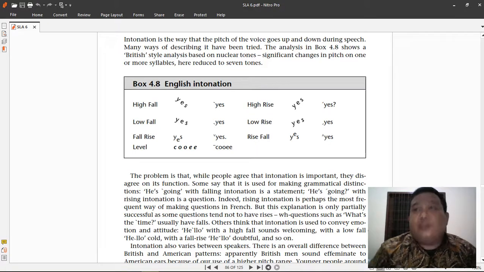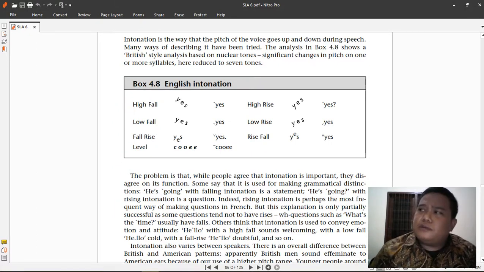Okay, not just ya. So there is a difference when you use intonation. Are you the student? Yes. It's like yes, why? But you don't pronounce the why. You just say yes. It's already a question.